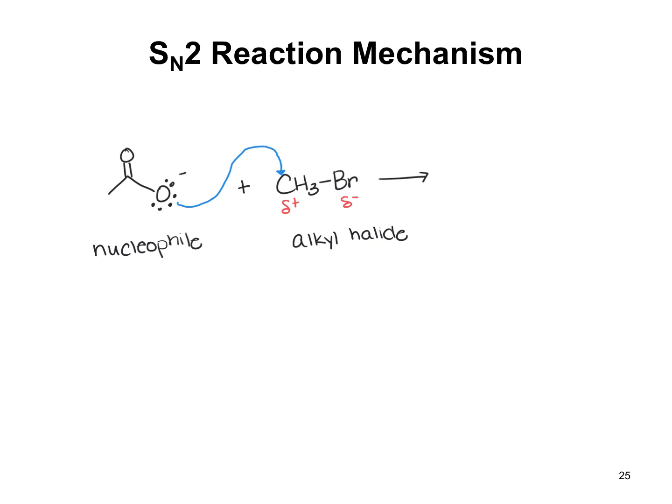Then when that happens, it's going to break the bond between the carbon and the bromine, and those electrons are going to go and hang out on that bromine. So we follow the arrows because this tells us electron movement. It's saying, hey, look, these electrons are going to form a new bond with this carbon.